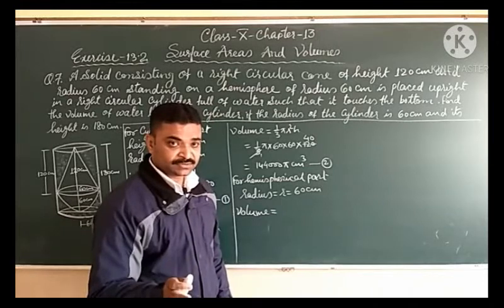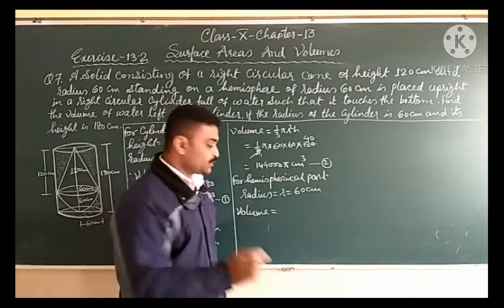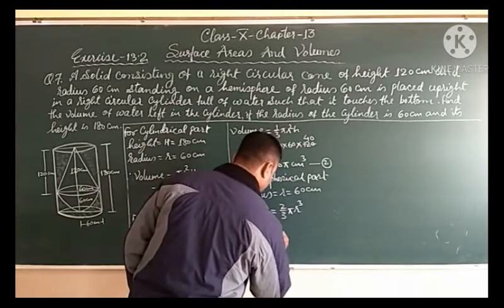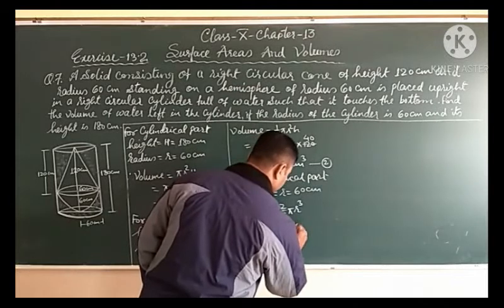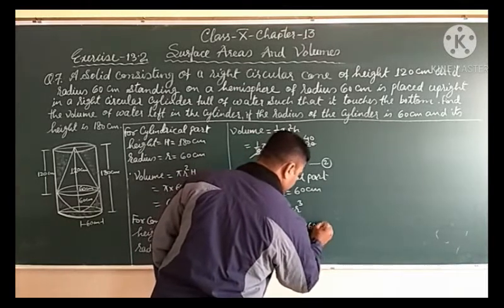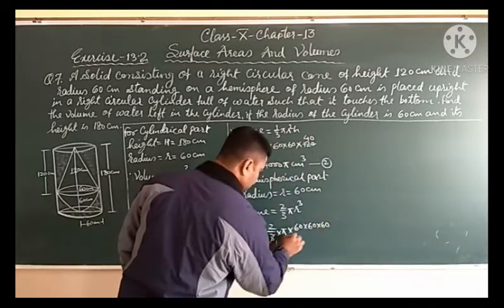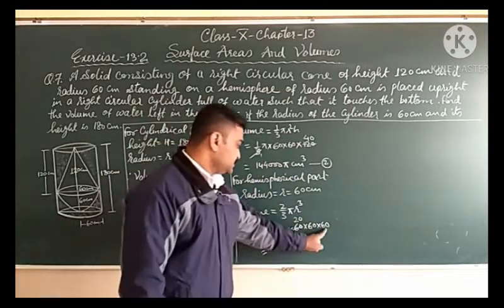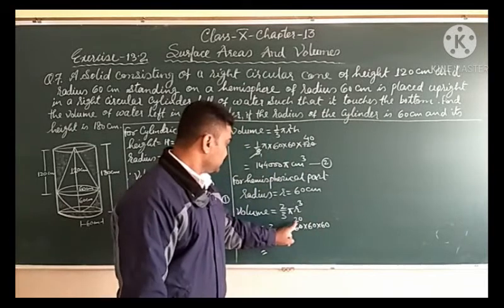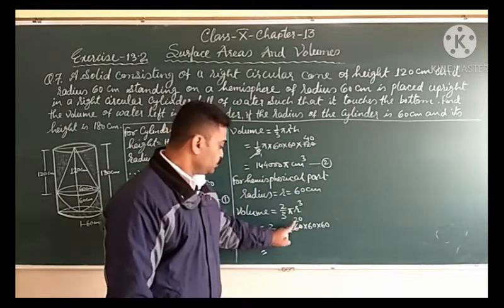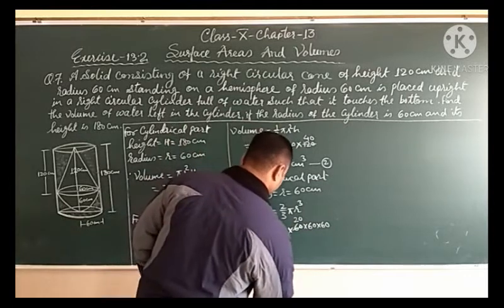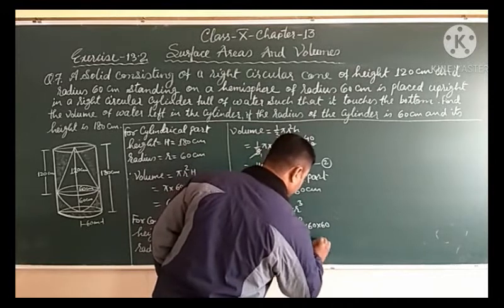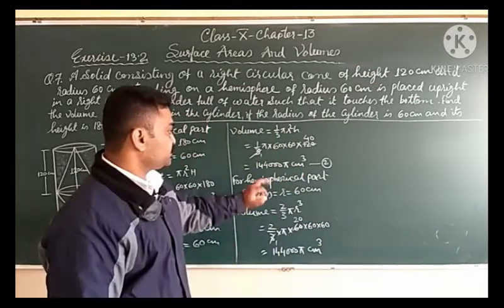Yes, 2 upon 3 pi r cube, that is 2 upon 3 into pi into 60 into 60 into 60. 3 ones are 3, 3 twos are 6. Now 6 sixes are 36, 36 into 2 is 72, so 144,000 pi centimeter cube is the volume of the hemispherical part.